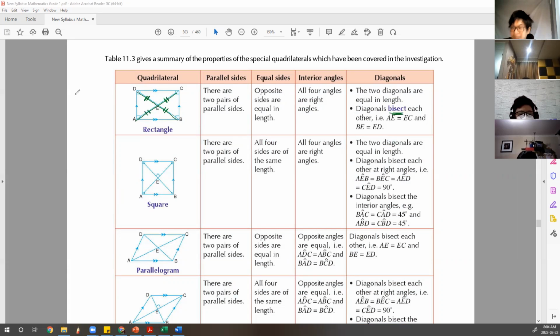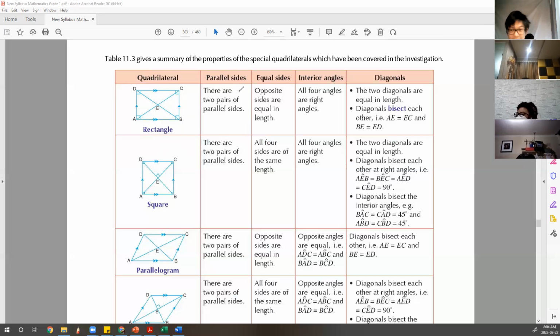They cannot be different. For example, if this is 5, this is also 5, cannot be 10, cannot be 7. 5, 5, 5, 5. And they are bisecting, meaning they have an equal share, 5 or x, for example. That is rectangle. But how about the square?